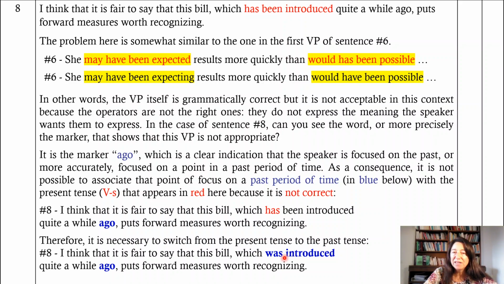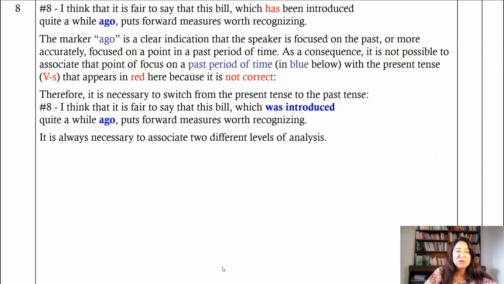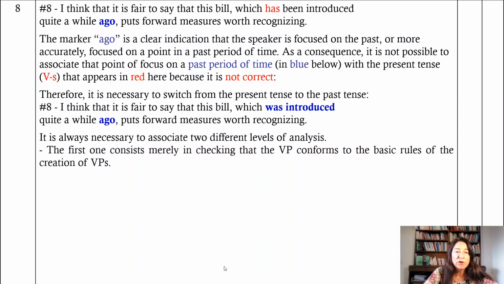Okay, so there are these two steps which are really key to make sure your verb form is correct. You need to associate two different levels of analysis. The first one is all about checking that the verb phrase, the VP, is in conformity with the basic rules of the creation of VPs.